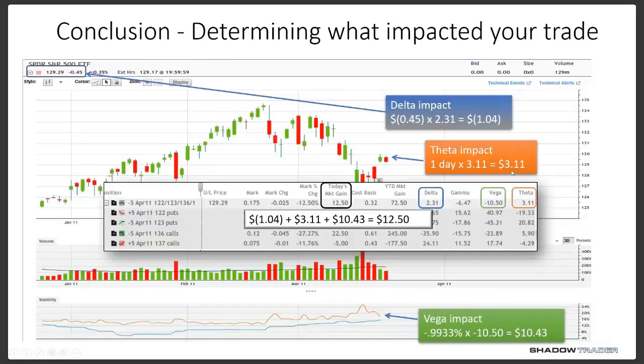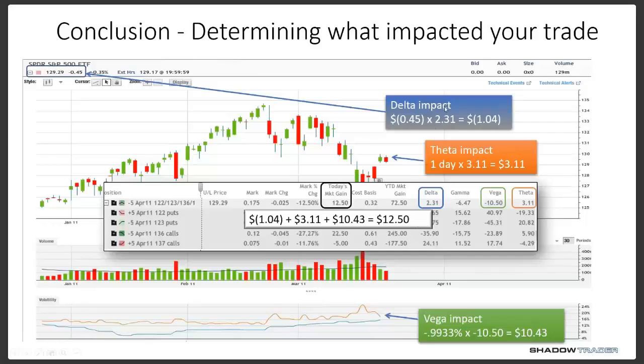The theta aspect of it eroding every day, that ice cream cone. Plus, I'm picking up $10.43 in profit or portfolio value from the Vega change, 1% change, giving me that net $12.50.